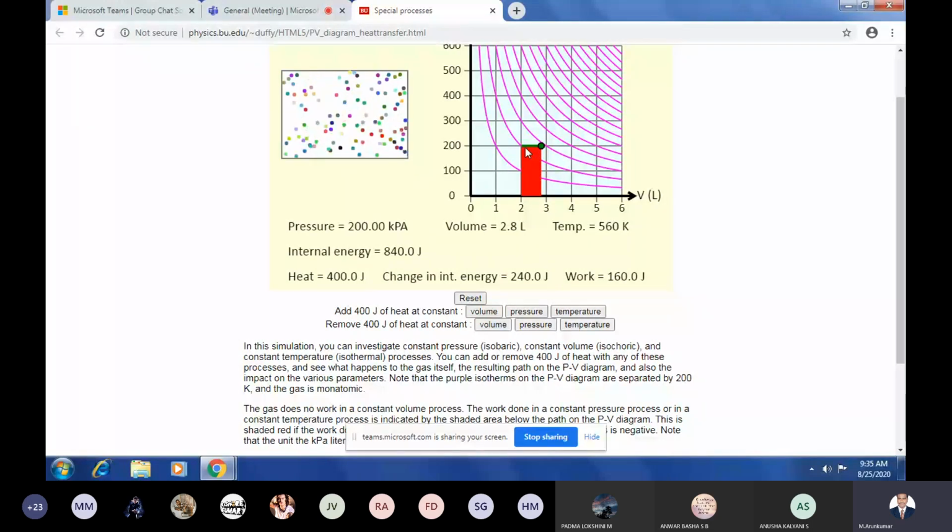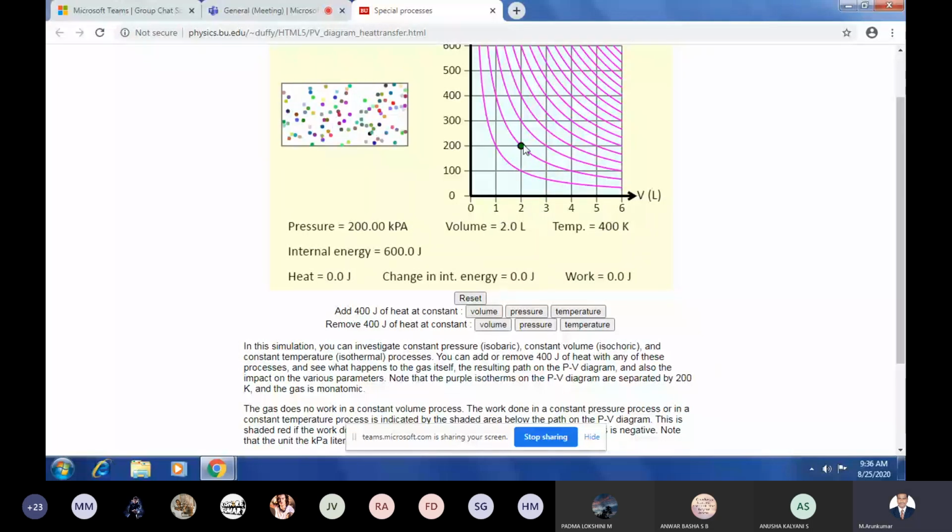A point means an instant of time. At an instant of time, what are all the properties of a system? For example, at this point the pressure of the gas is 200 kilopascal, the volume of this system is 2 liters, and there is some temperature.